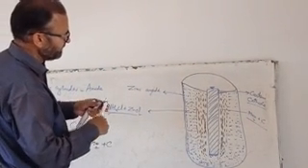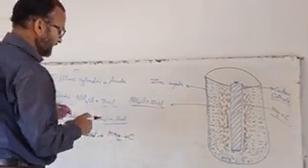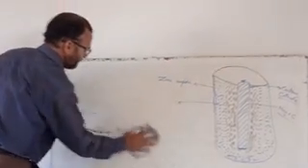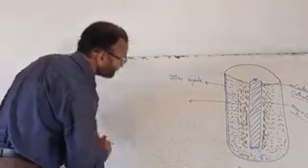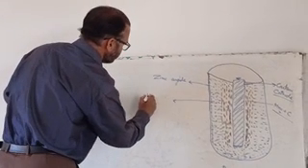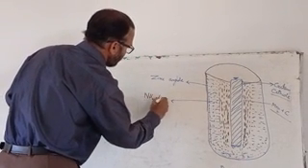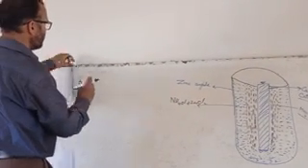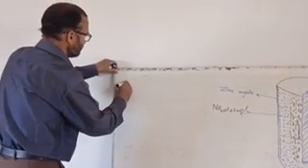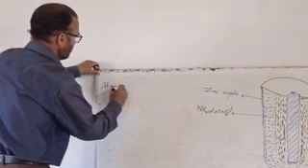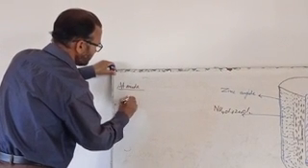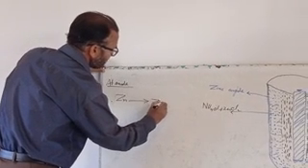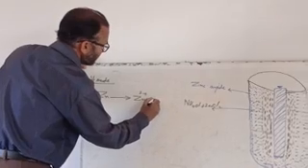Now, the reaction which takes place in the cell is as follows. The zinc cylinder loses electrons at the anode, giving zinc dipositive ions plus 2 electrons.